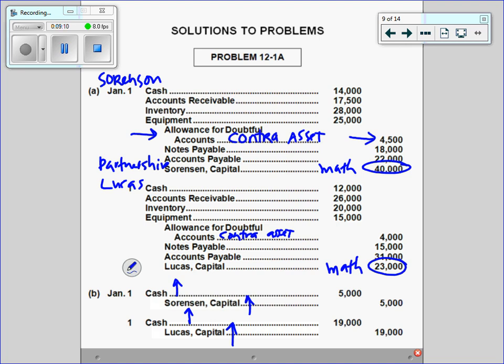The book does ask for us to do, what does this look like on the balance sheet? I am certain we don't have enough points on the test to do that kind of stuff, so I'm not going to have you do that third part of this problem.